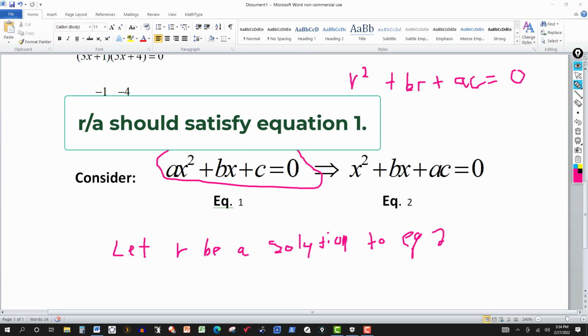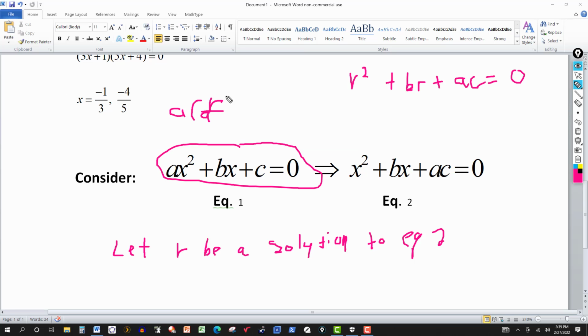So that means if I take this equation, and replace x by the solution that I got over here divided by a, so I replace the x by r over a, and then square it. That's how you check to see if something is a solution. You replace the x by that number, and if you get the value on the other side of the equation, which in this case is 0, then yes, it is a solution.